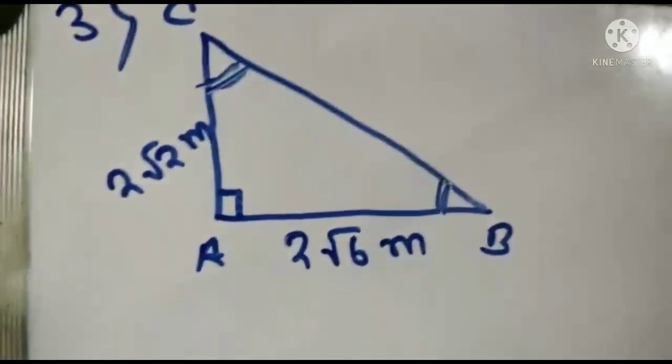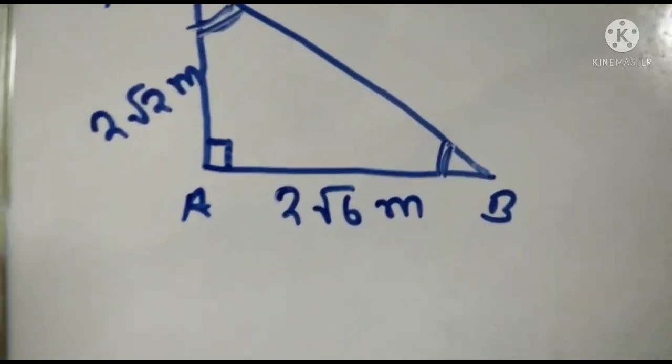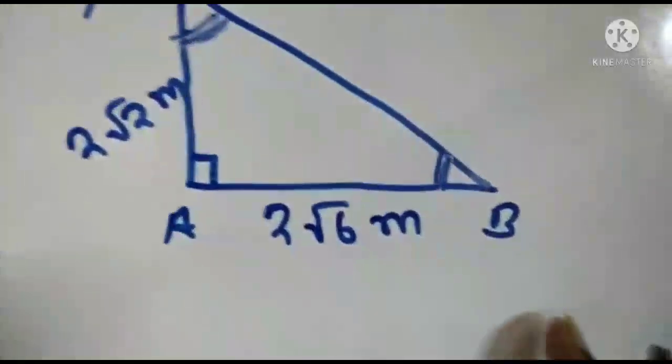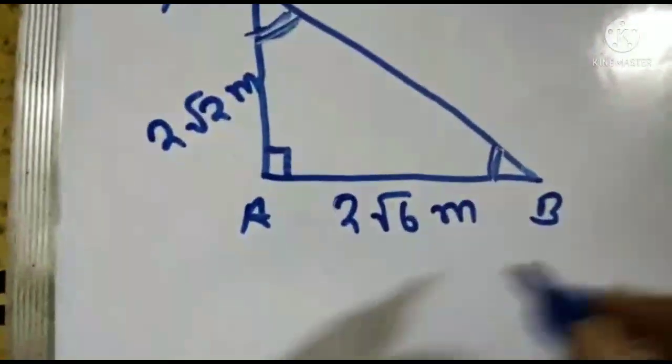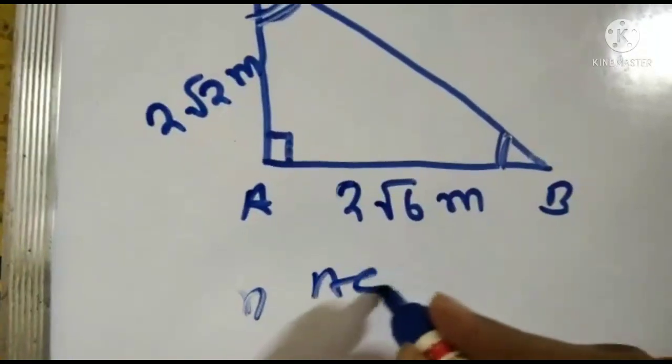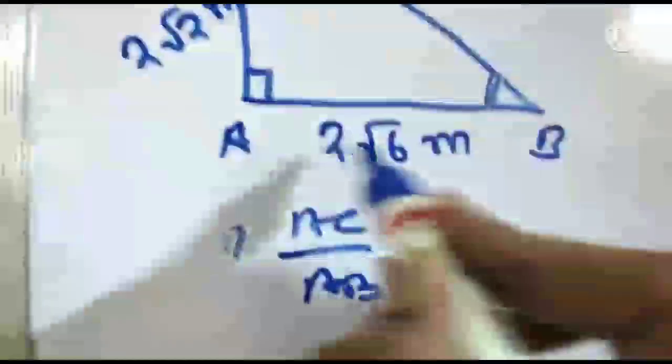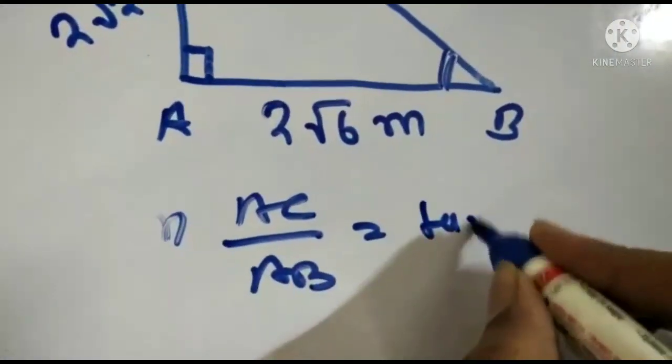See here, to find angle B, AC is the perpendicular and AB is the base. So if we do perpendicular by base, that is AC by AB, what will we get? Perpendicular by base means tan theta.